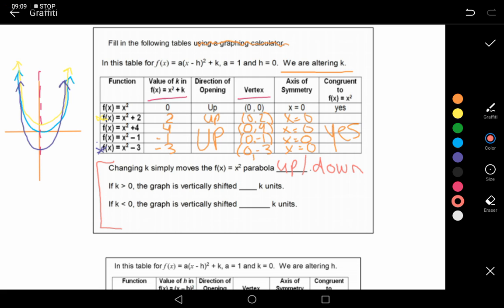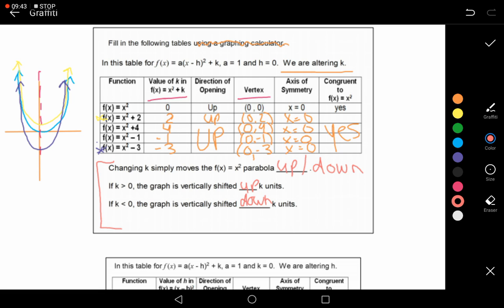If k is greater than 0, the graph is vertically shifted up k units. Okay, so that's like the yellow graph I drew there. K was 2, so I shifted up 2 units. If k is less than 0, the graph is going to be vertically shifted down k units. And this can be represented with that purple graph, right? My k value was -3, so I moved down 3.